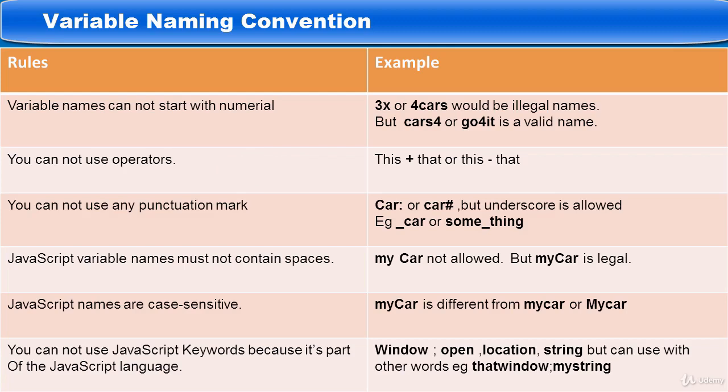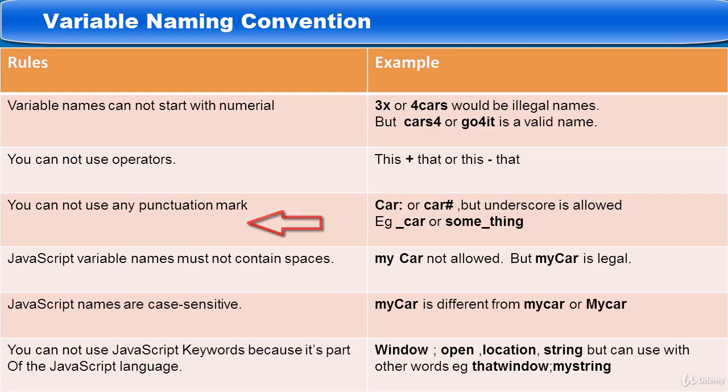You cannot use any punctuation marks of any kind in a JavaScript variable name other than the underscore. So you can't call your variable car colon or car hash, but you can use an underscore. Underscore is allowed, so you can give your variable name underscore car, for example, or something underscore something or thing.